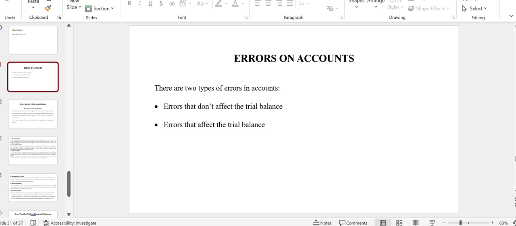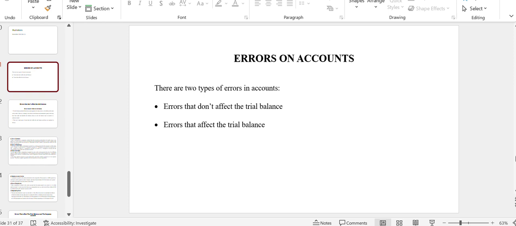In auditing, under the international standards on auditing, that is committed with a particular motive, and we call that fraud. It could be that the accountant wants to steal some money.